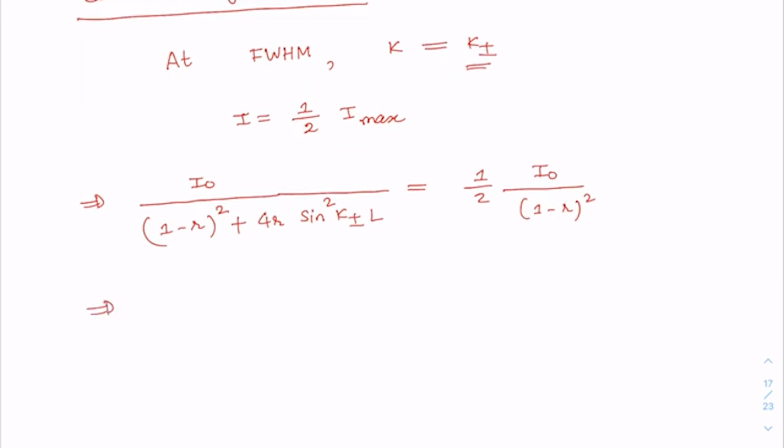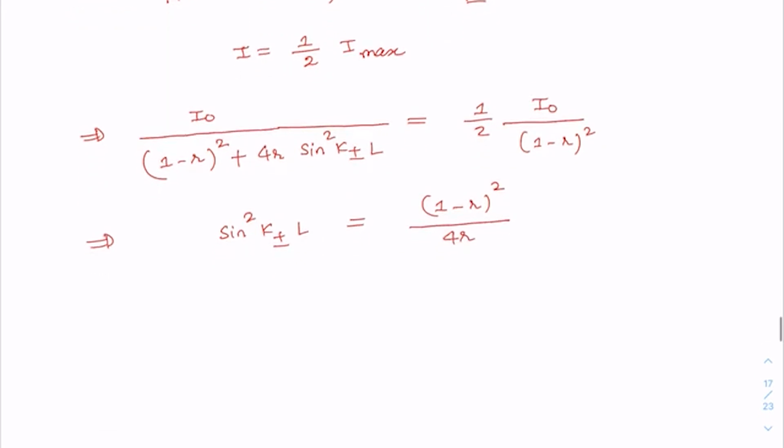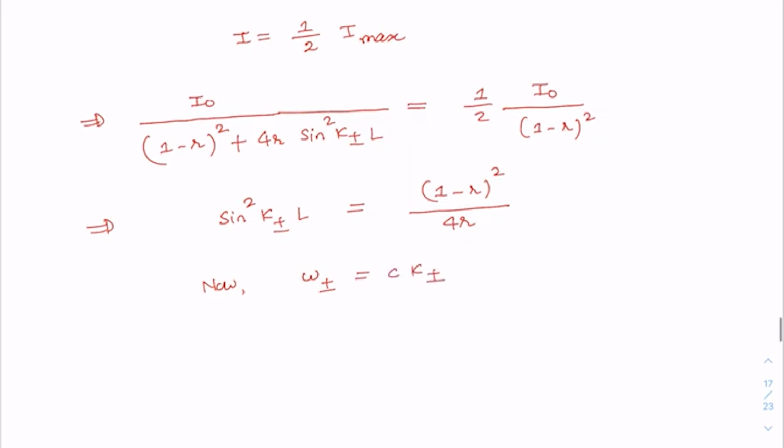From here you can immediately get sine square k plus minus L is equal to 1 minus R whole square divided by 4R. Now you see you have angular frequency omega plus minus, I can write it as c into k plus minus.